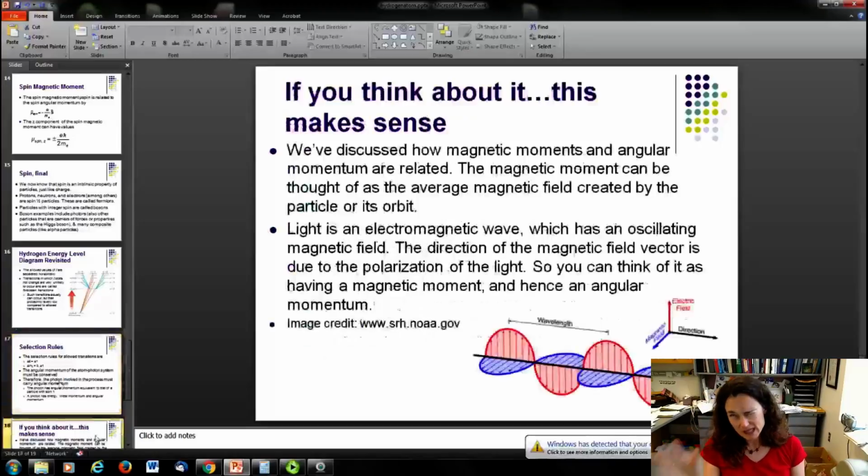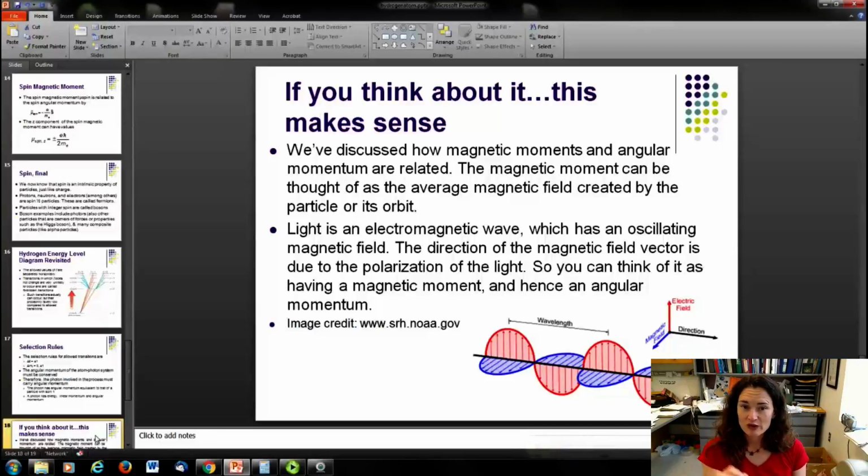Now, if you think about it, this kind of makes sense, all right? We've discussed how magnetic moments and angular momentum are related. So if you can get your head around the idea that a photon has to have a magnetic moment, then maybe you can get your head around the idea that it's got an angular momentum, right? Okay, well, why would it have a magnetic moment?